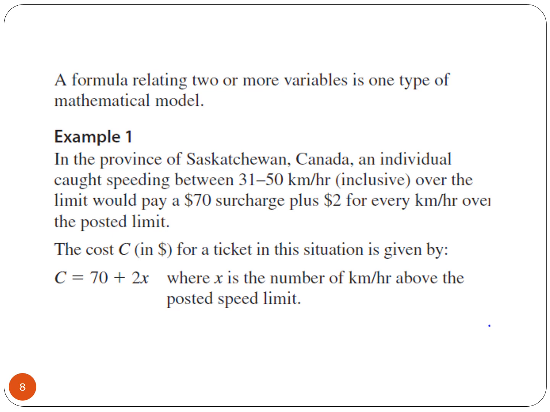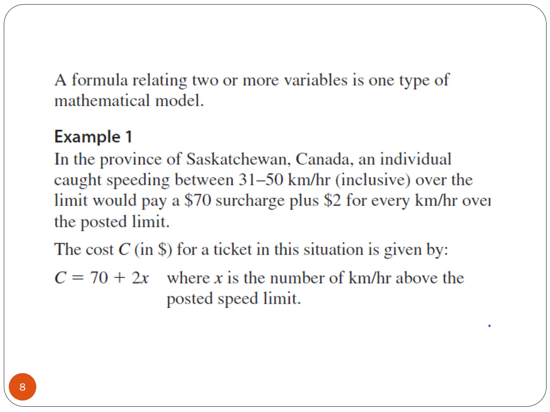The amount of money you pay is a variable, and so is the speed over the speed limit. You need to start by giving names to the variables. The first variable is cost, the cost of the ticket. We will call this capital C, and the cost here is in dollars. The other variable is how fast the person is going over the speed limit, and that we will call x. x represents the number of kilometers over the speed limit.